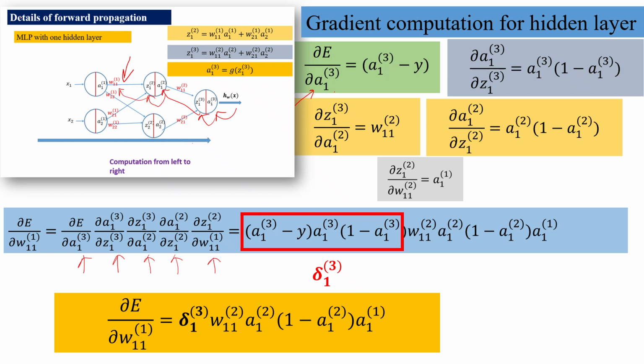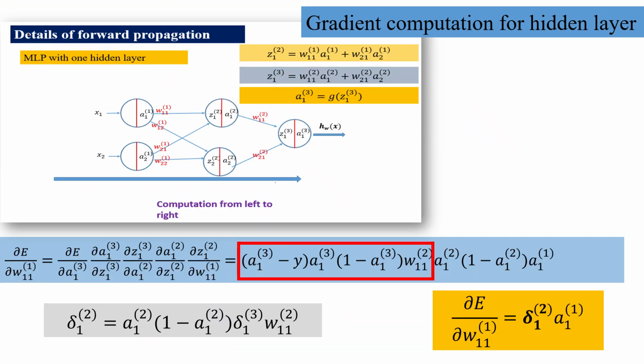We write down the individual components. This we already know, we call it delta 13. So this whole update we write, substituting this component with its delta 13, and we write down the rest of the components. We will look at it again for further simplification.